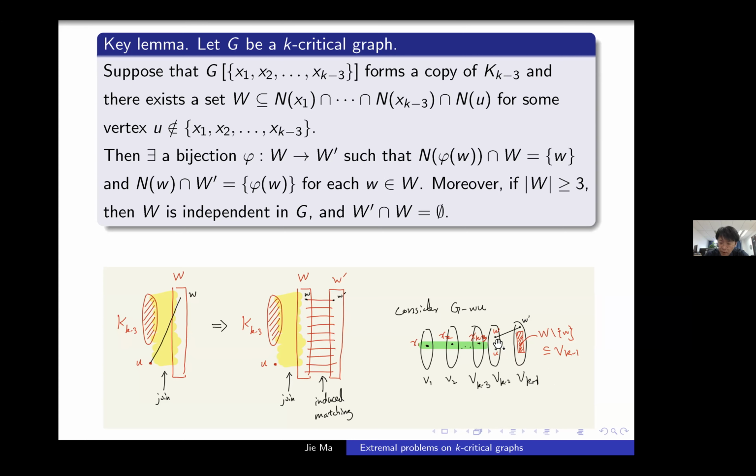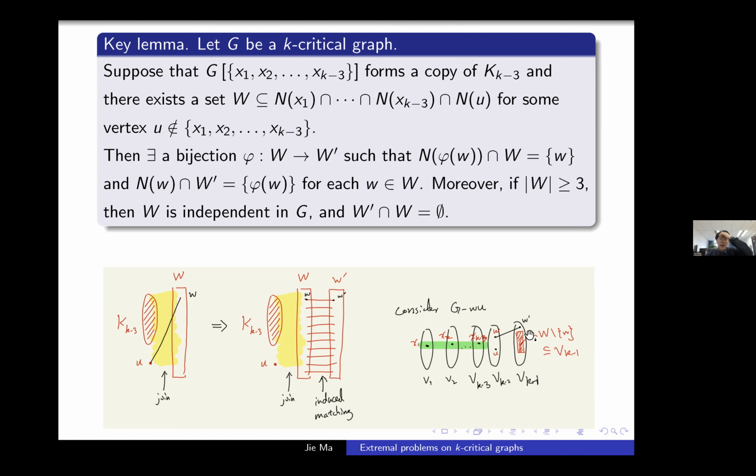Moreover, the vertex W must have a neighbor in V minus K. Why? Otherwise, I can just move W to this part. Then it tells us that the original graph G is k minus 1 colorable. So, okay, this is impossible. So let's assume the neighbor of W is called W prime.